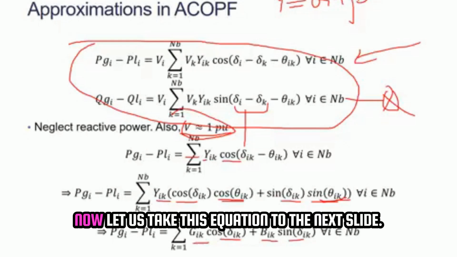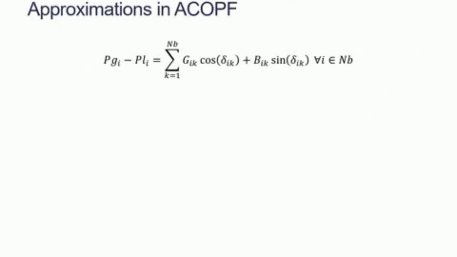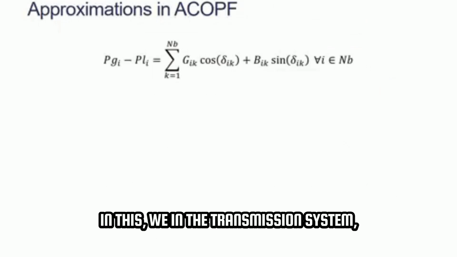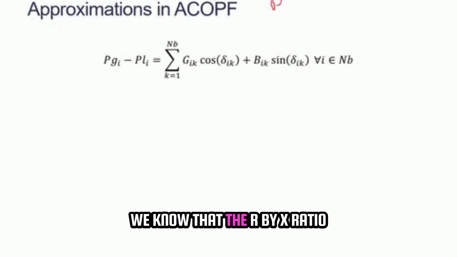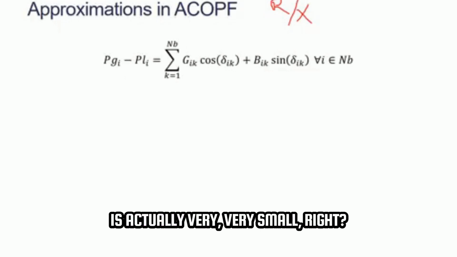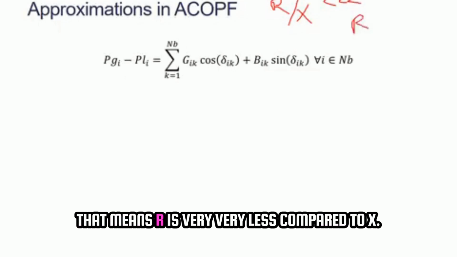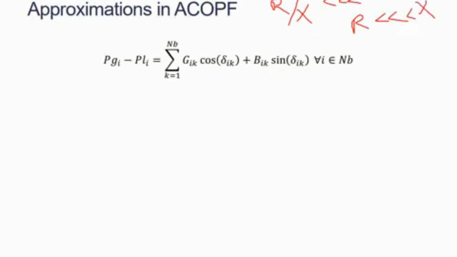Right. Now let us take this equation to the next slide. In the transmission system, we know that the R by X ratio is actually very small. That means R is very small compared to X. Why?